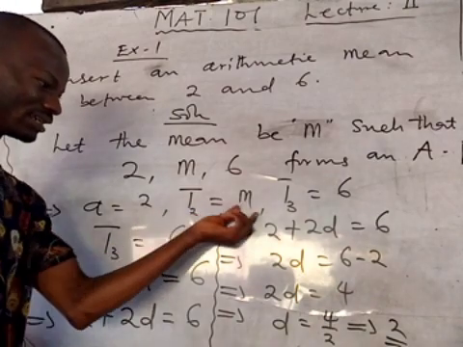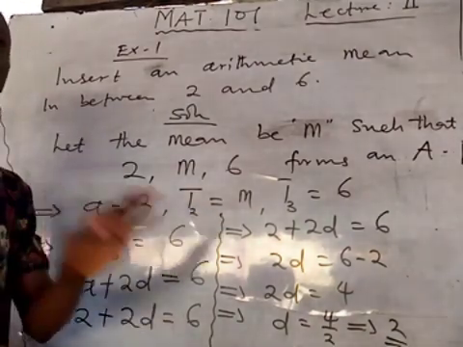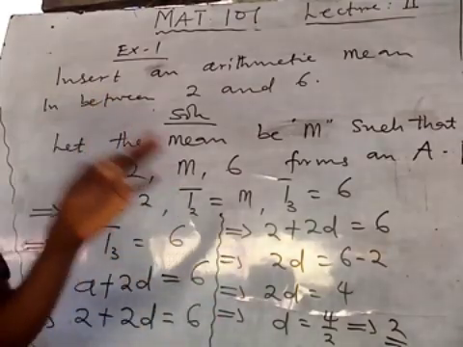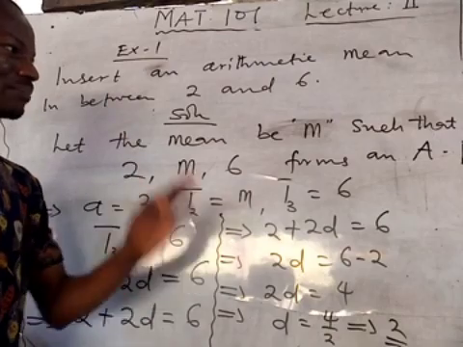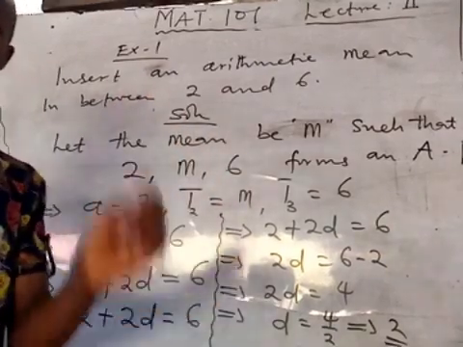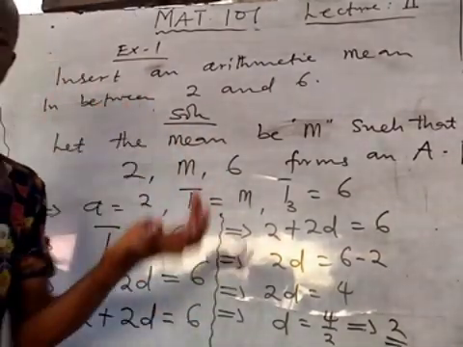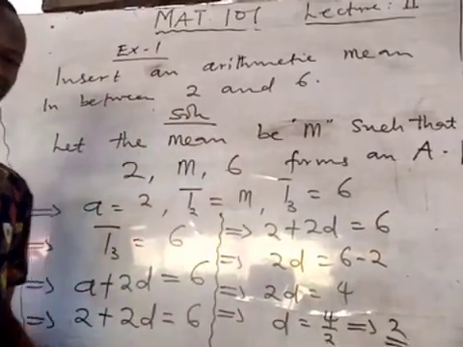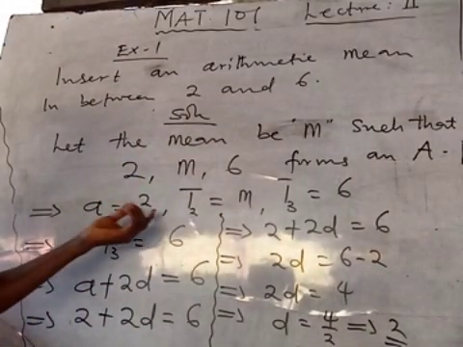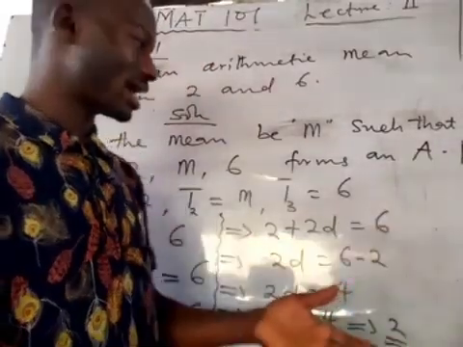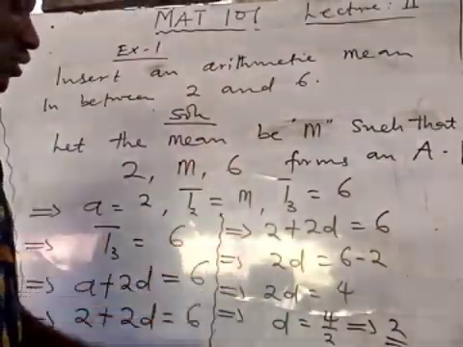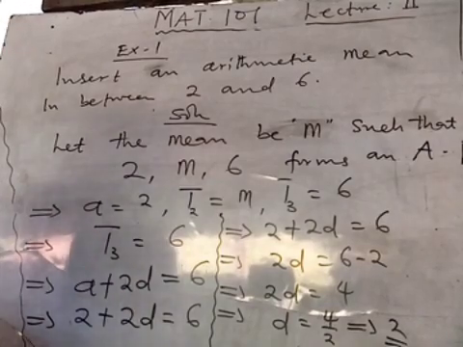For a sequence in arithmetic progression, the terms can be found when the first term is known and the common difference is given. So now I have my first term as a, and my common difference as 2. Therefore, I can go ahead to calculate the value of m.